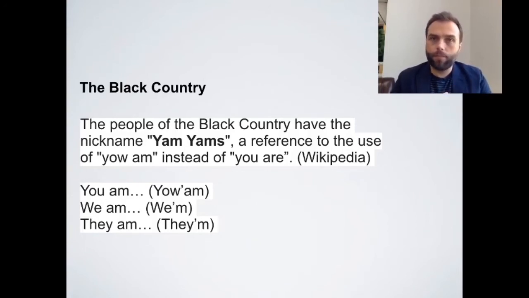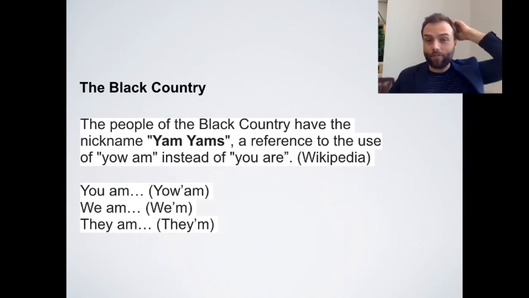Now, we looked at before the examples of standard to be verb conjugation. And of course, the standard conjugation is you are. But in this area of the Black Country, in spoken language, people say yow am. Okay? So when they're talking quickly, yow am sounds like yam yam.